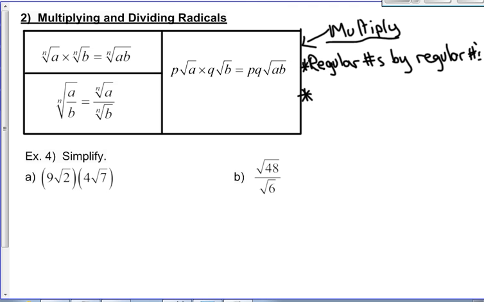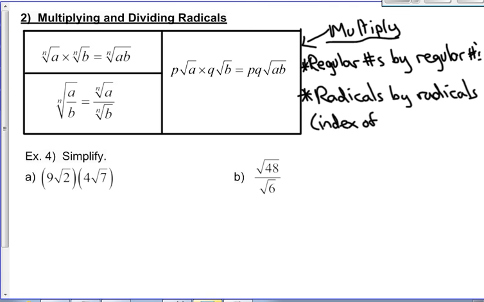And we multiply our radicals, or what's under the roots, by each other. Radicals by radicals. And the index of the root must be the same. So you can't multiply a square root by a cube root. If we want to do that, we need to go back to grade 10 and look at exponential form.